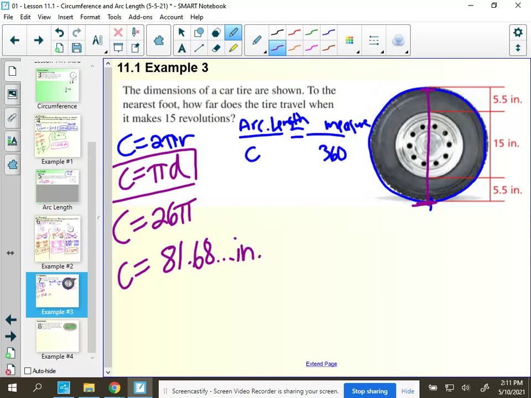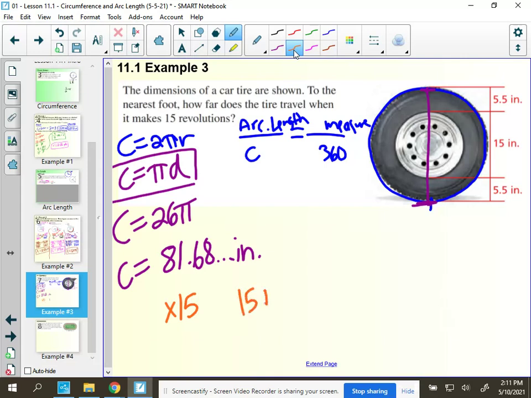Now, I'm not done. I got to be careful that I don't just circle my answer and say, sweet, that was so easy. It was asking about 15 revolutions. So this number we just came up with, I like it, we're going to use it, but I need to multiply that by 15.